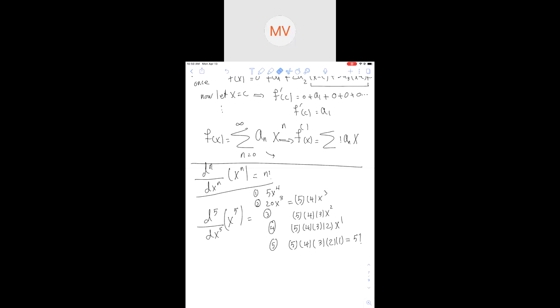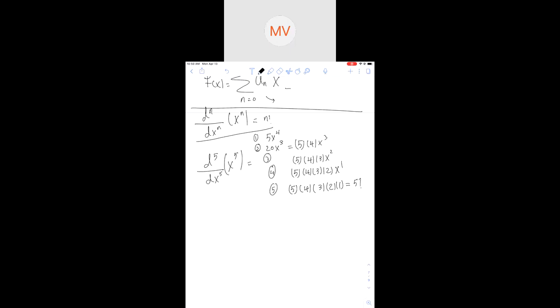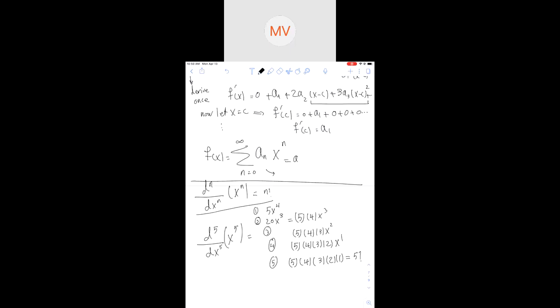Let me write it this way. Let me write this as a sub 0 plus, and I'm going to skip all the other terms, write this term a sub n minus 1 times x minus c to the n minus 1, plus a sub n times x minus c to the n.